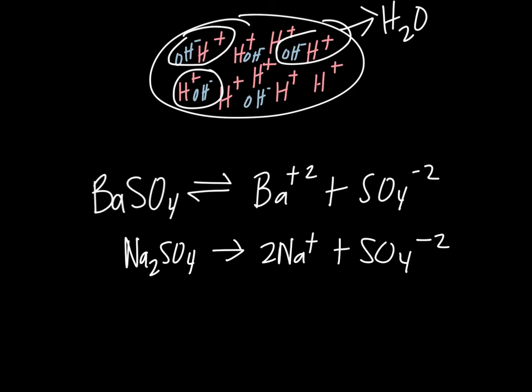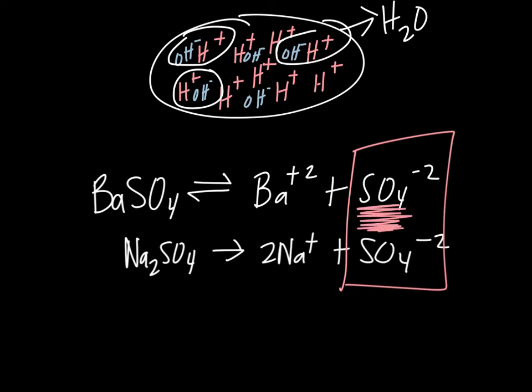Now, what do these two equations here have in common? Take a look at them. And remember, this concept is called the common ion effect. So which ion do they have in common? Well, they both have sulfate in common. So by adding in the sodium sulfate, you're increasing the concentration of sulfate ions.